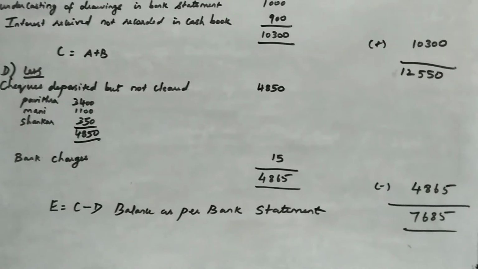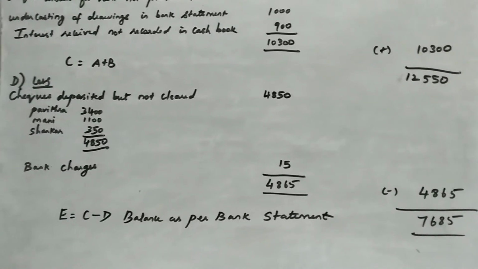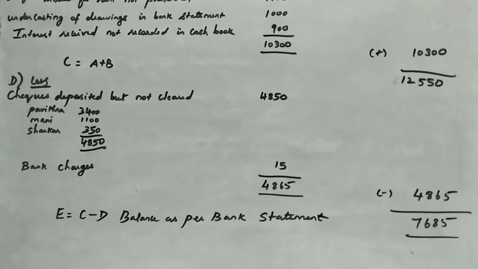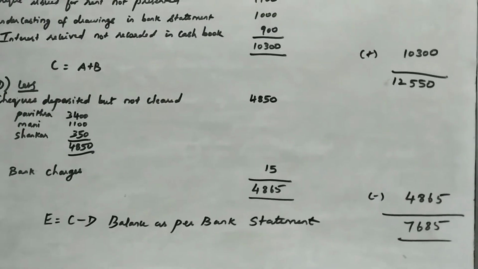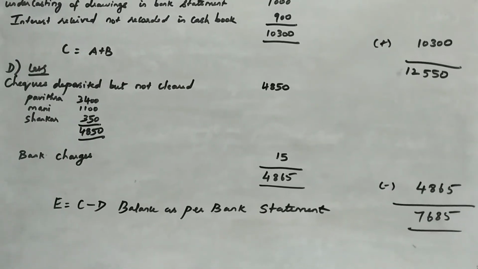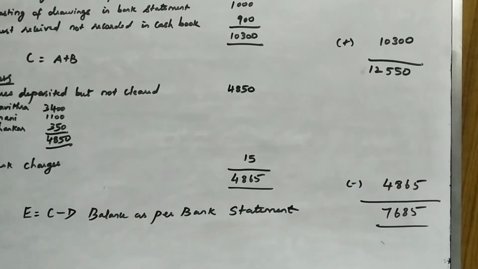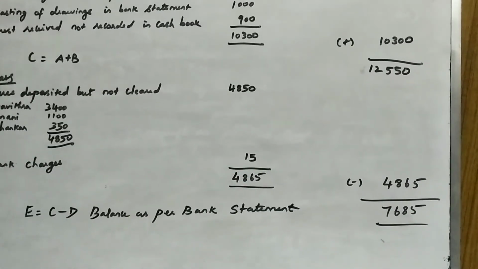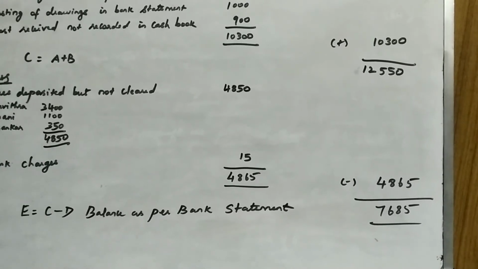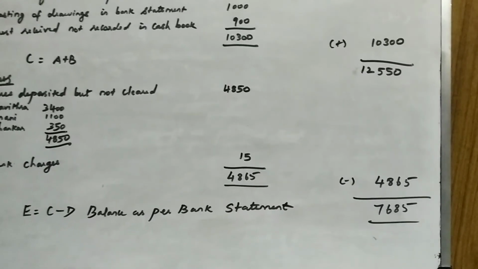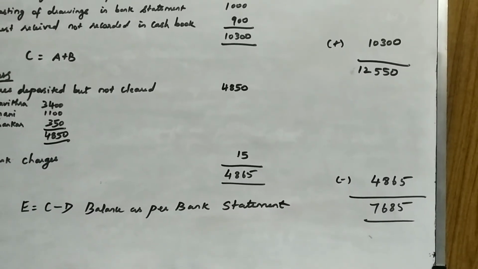But we didn't record this in our cash book. Cash book is more, but bank balance is less. What has to be done? We have to deduct. So 4,850 plus 15, 4,865 has to be deducted from 12,550. So you will be getting 7,685. E is equal to C minus D, balance as per bank statement.